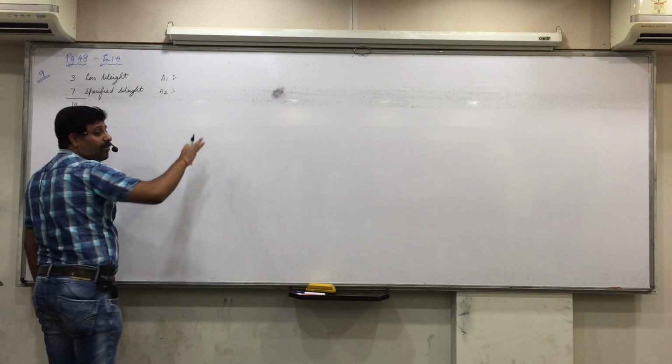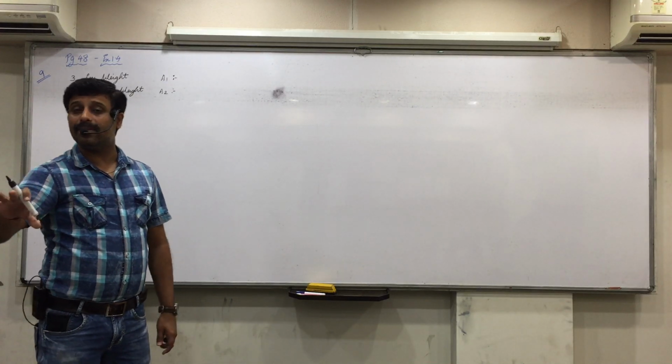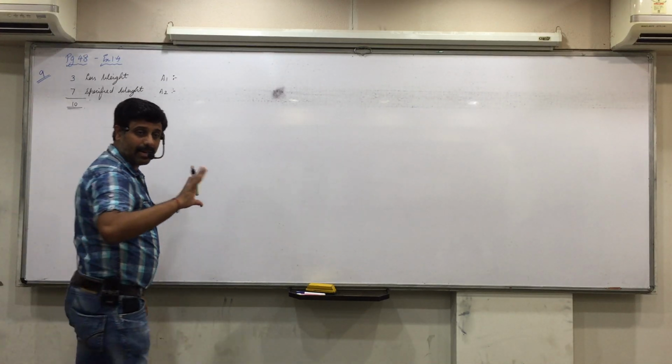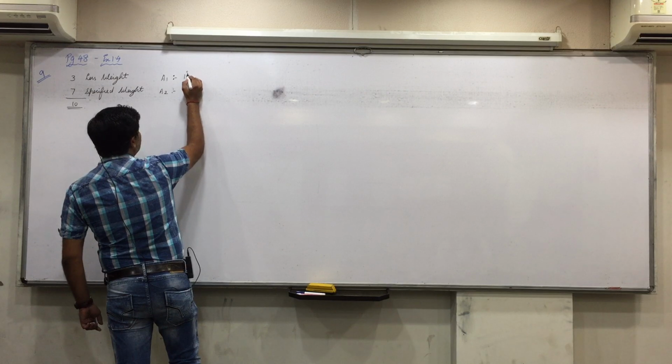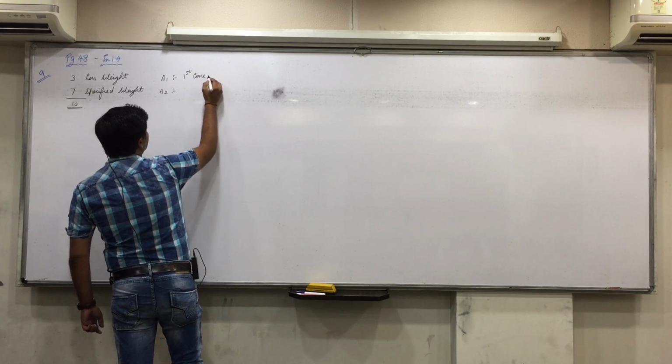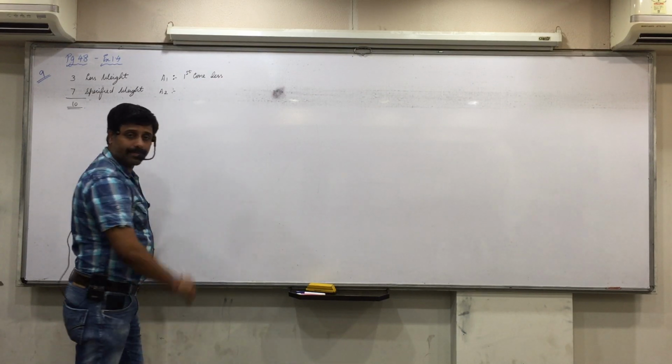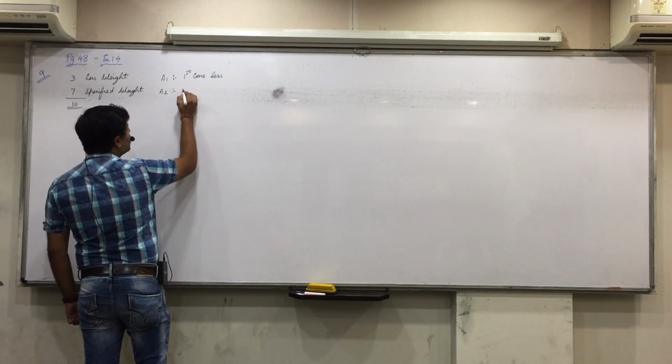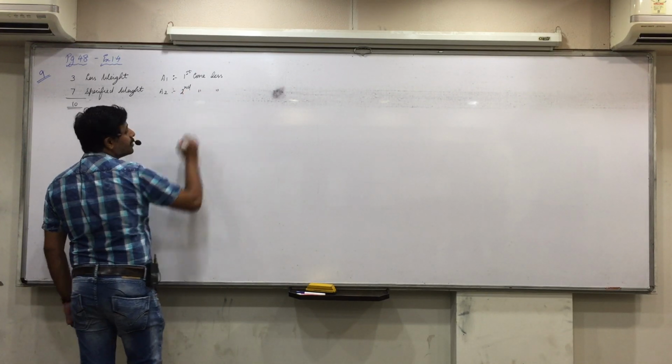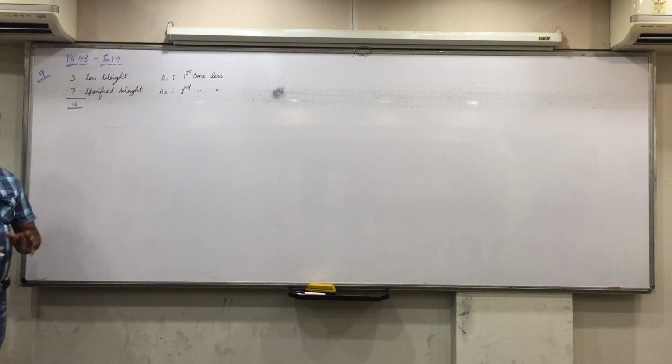Here what do we want? Both the cones have less than specified weight. So event A1 is the event that the first cone has less than specified weight, and event A2, the second cone has less than specified weight.